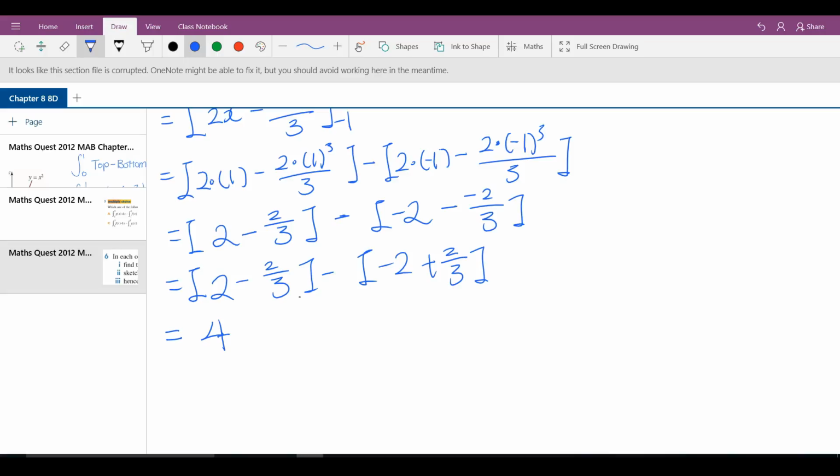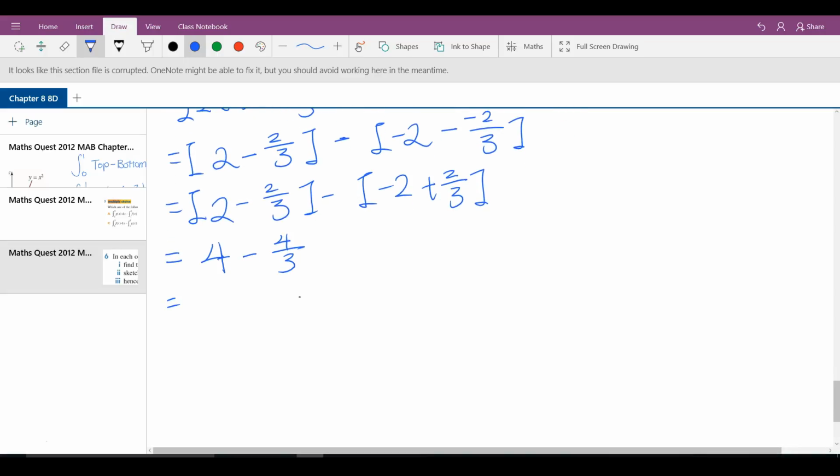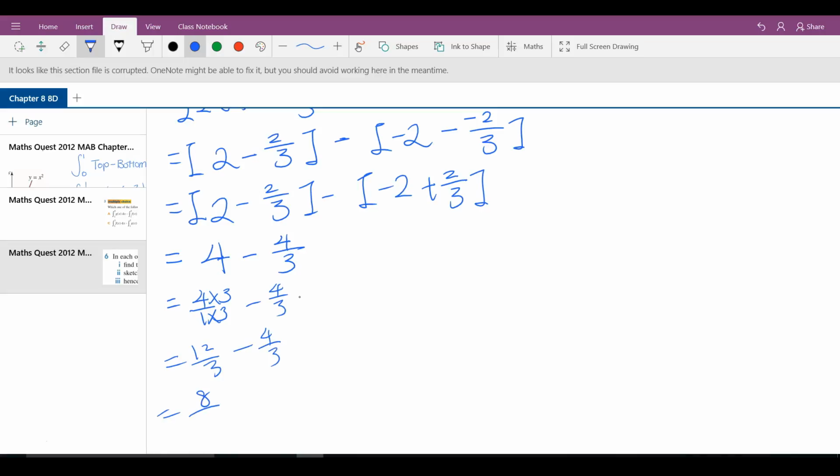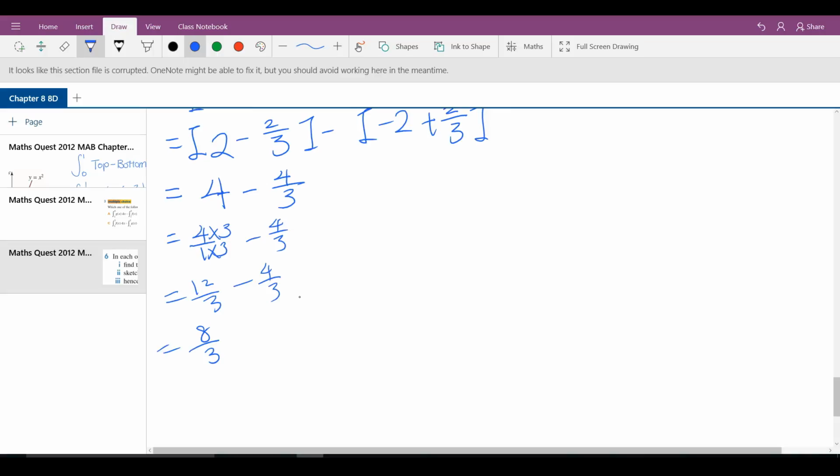So -2 over 3 minus 2 over 3. So it becomes -4 over 3. Right? And then let's do our primary school way. Alright? So 4 over 1 times 3 minus 4 over 3 equal to 12 over 3 minus 4 over 3 equal to 8 over 3. And booyah! There is your answer to the shaded region.